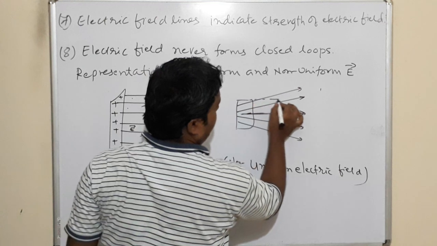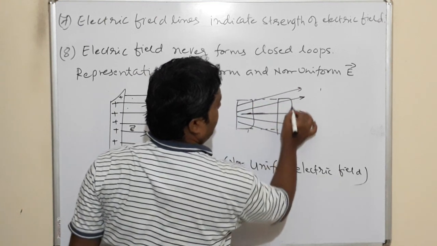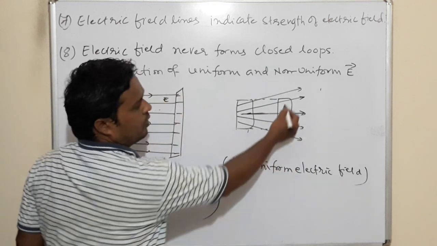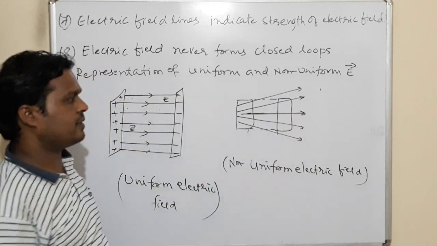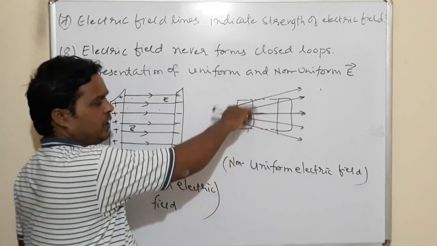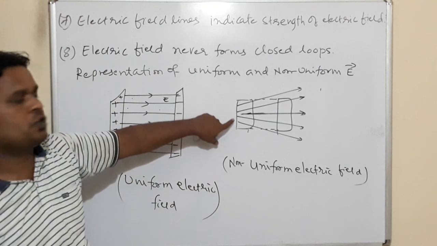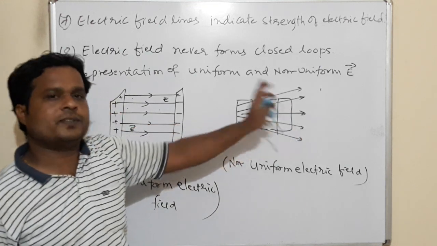If I draw the same size area here, how many lines are passing? Only 3 lines. That means the number of lines per unit area will give the strength of the electric field. More lines, strong field. Fewer lines, weak field.